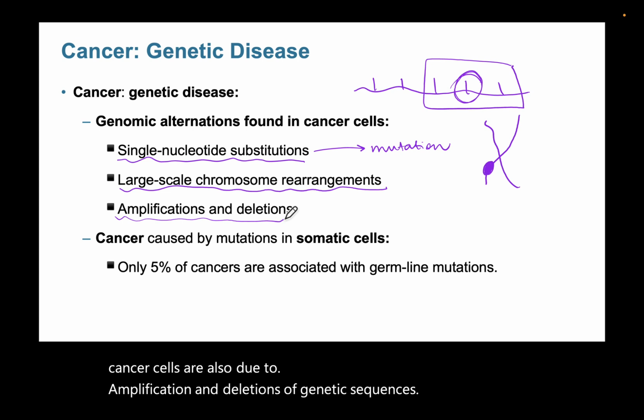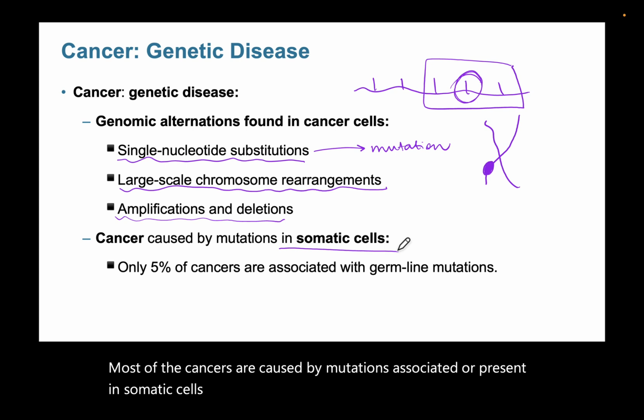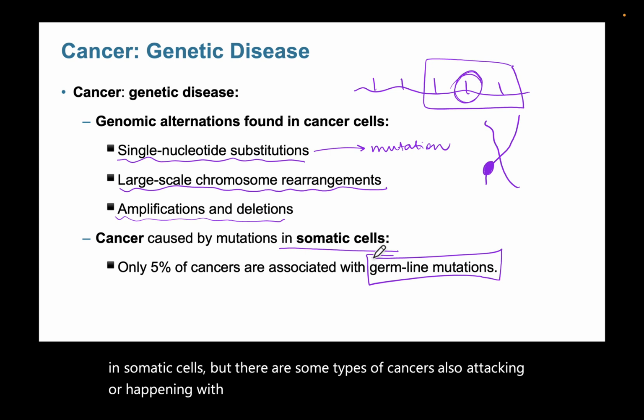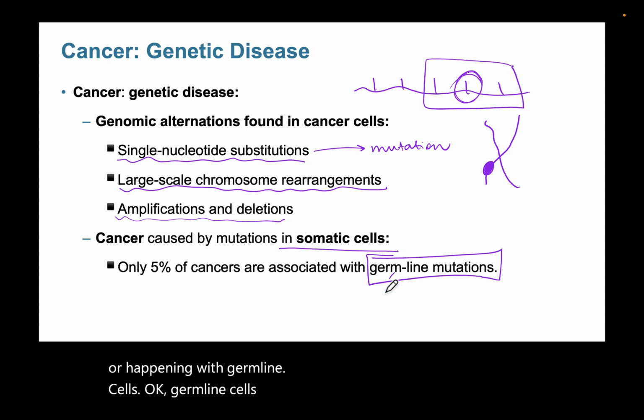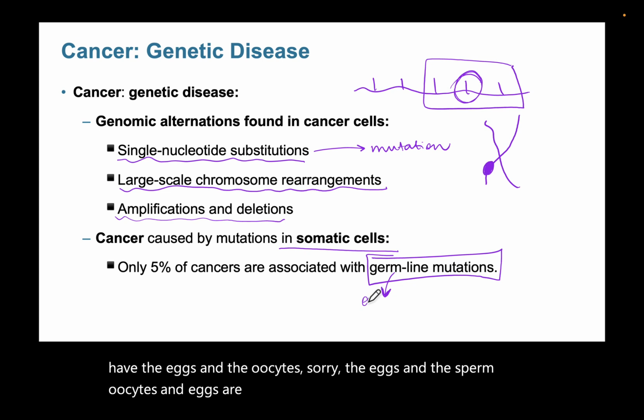Most of the cancers are caused by mutations present in somatic cells, but some cancers also happen in germline cells. Germline cells are those cells that lead to the production of a new individual. So here we have the eggs and the sperm. Oocytes and eggs are the same thing.